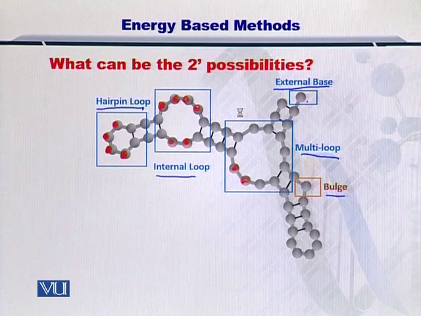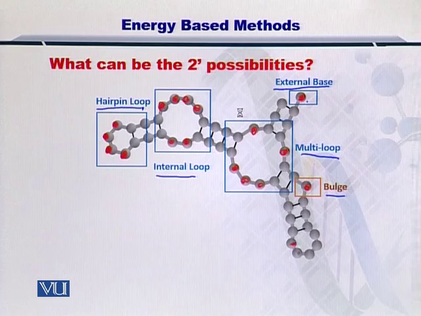The same is true for these nucleotides, as well as this one, and these five. So all the nucleotides that I have indicated in red are a source of instability for the RNA molecule.